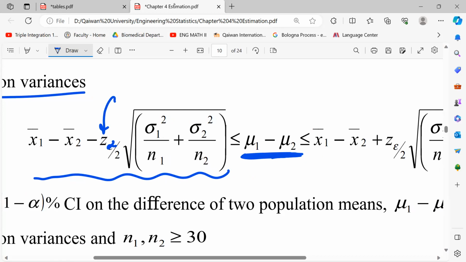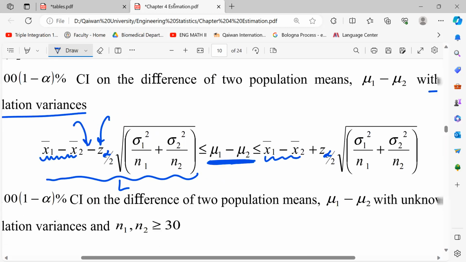The right-hand side, this is L, lower. The right-hand side, just change this negative to positive. This is still x1 bar minus x2 bar in both sides. So we just change that negative sign to positive. This is L. We get the upper.